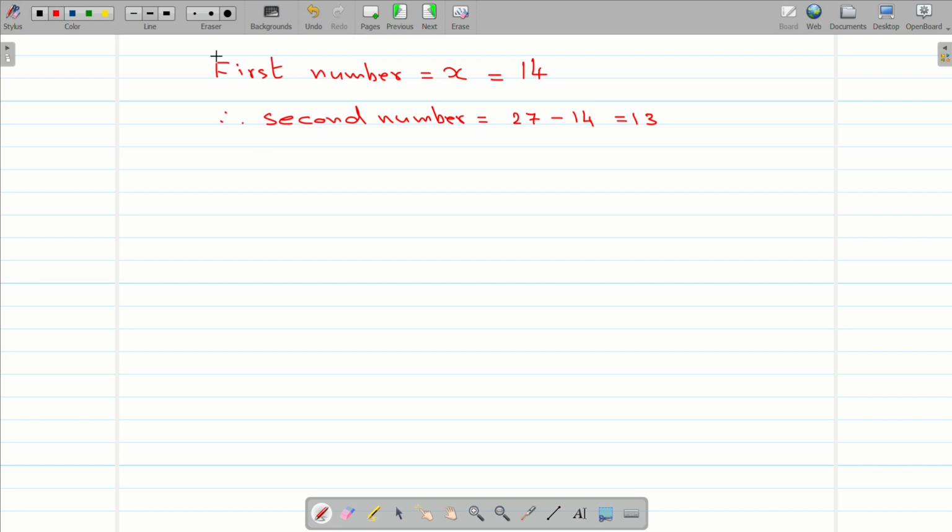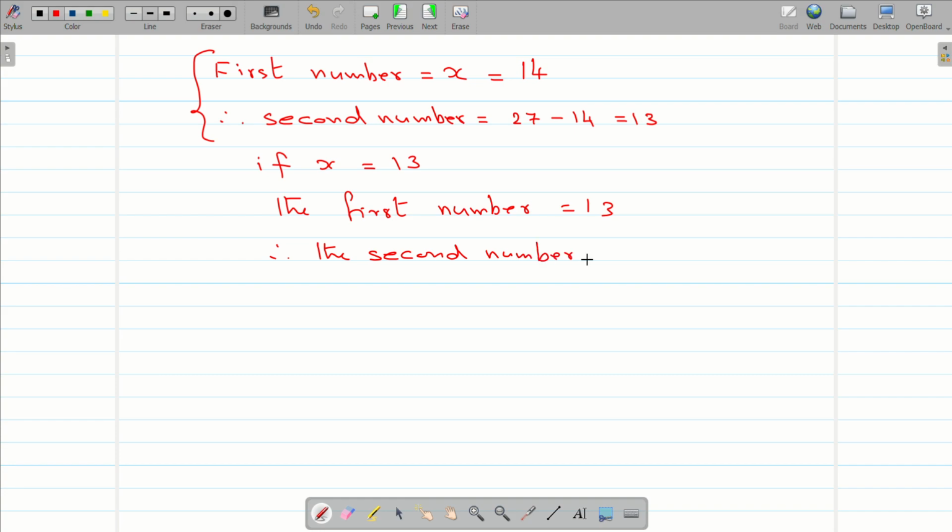Now, this is the first one. Now, if I take x is equal to 13, the first number is equal to 13. Therefore, the second number is equal to 27 minus 13, that is equal to 14.